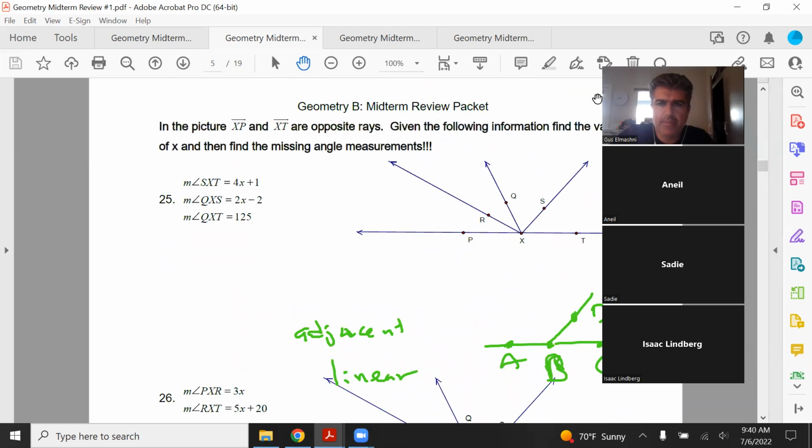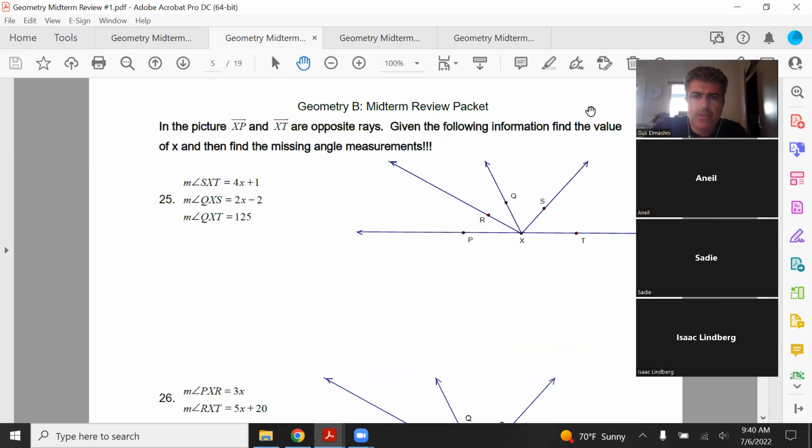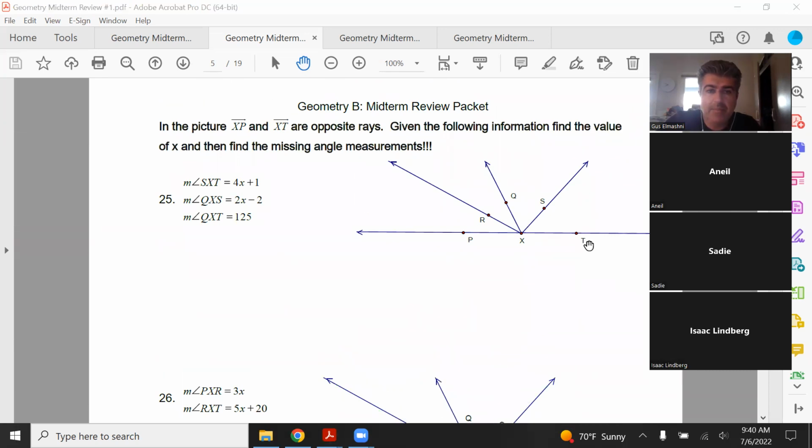Anyway, let's look at 25. So something like this you could see. You're told that SXT is 4x plus 1. You're told QXS is 2x minus 2.